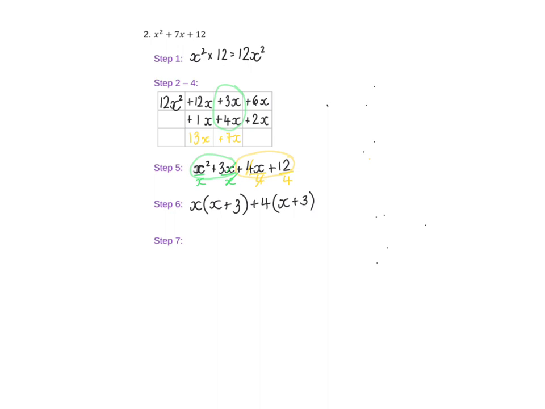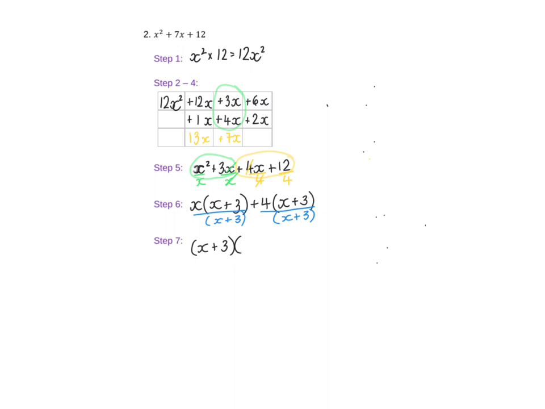And so we realize we've created those identical brackets that we're looking for. Now we go and divide each term by the common bracket, x plus 3. Then we have x plus 3 as the common bracket, or the factor that's common to both terms.